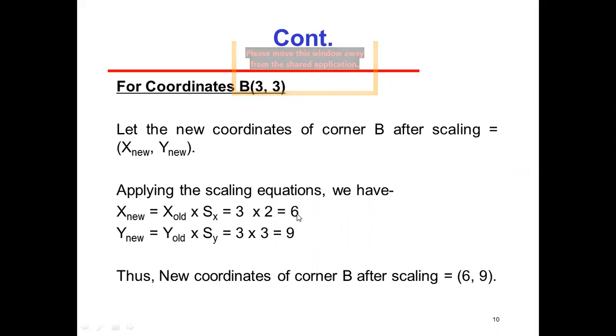So this will come 6 comma 9. So the new coordinates for this vertex after scaling we will get 6 comma 9. Okay, very easy, very simple. You are just putting the values in these two equations and you can calculate the value for this vertex.